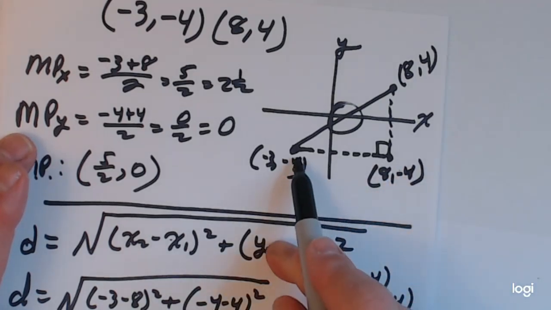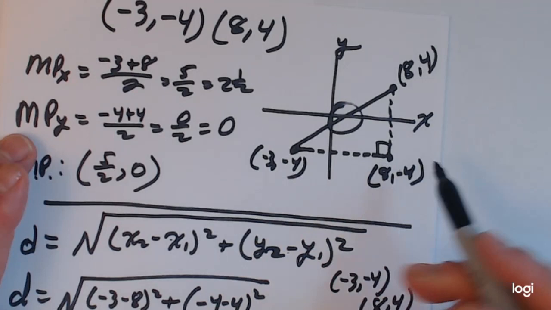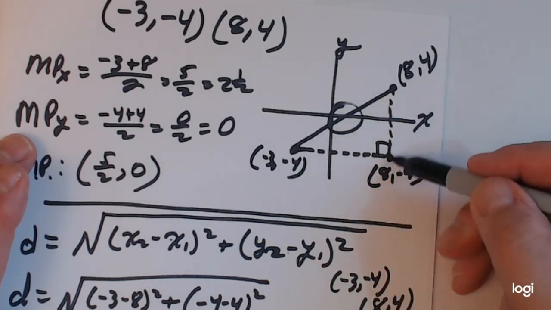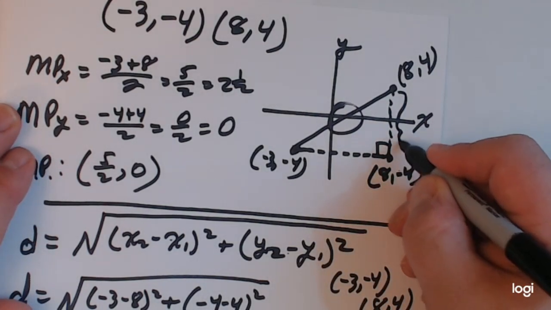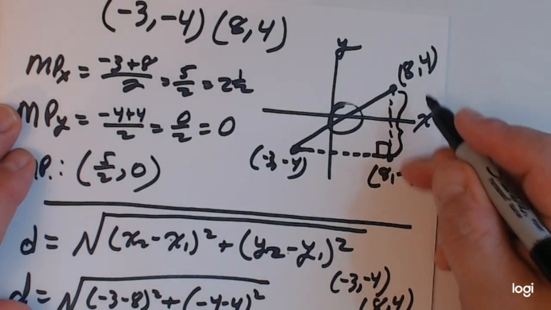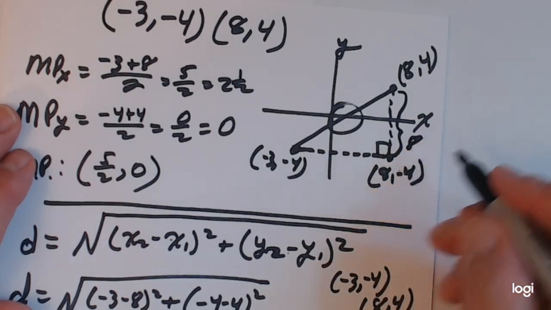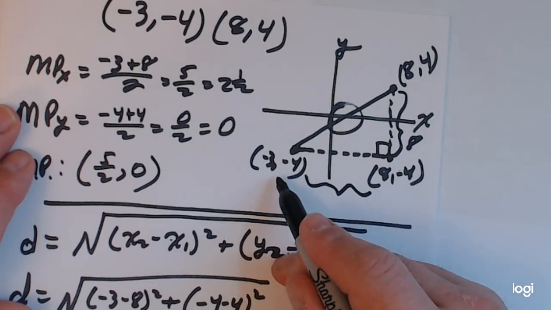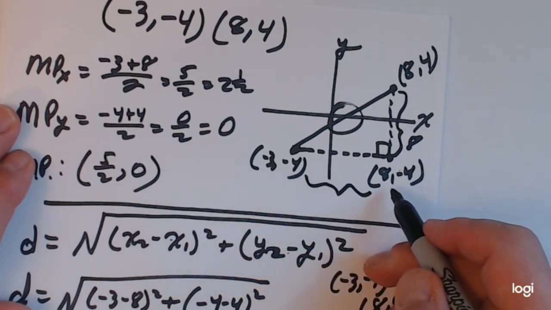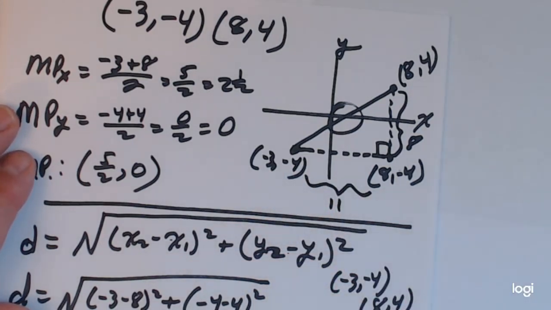All right, the -4 comes over from here, and the 8 gets dropped down from here. So if we go by units, -4 to 4 is 8 units, and -3 to 8 is 11 units.